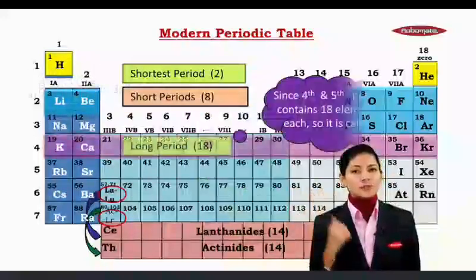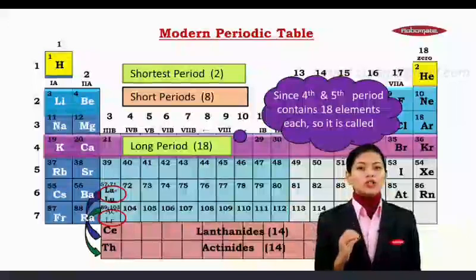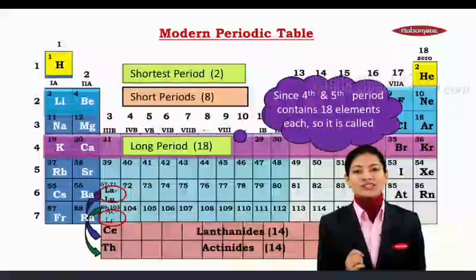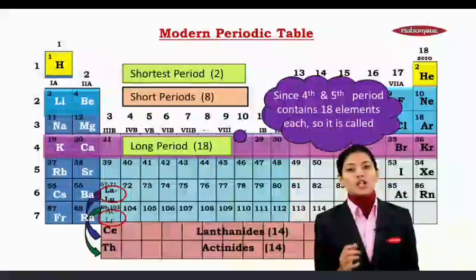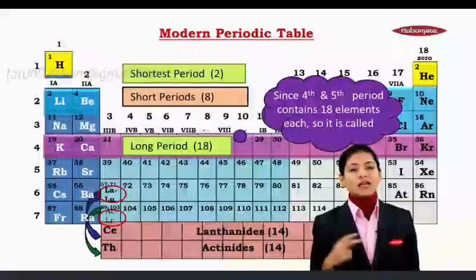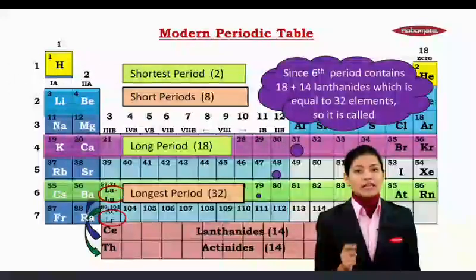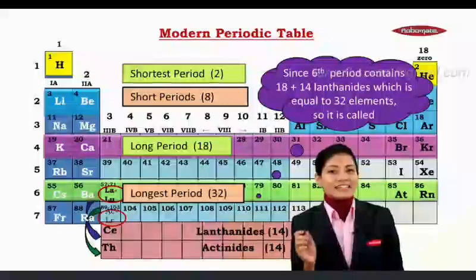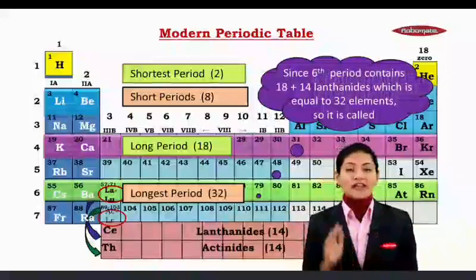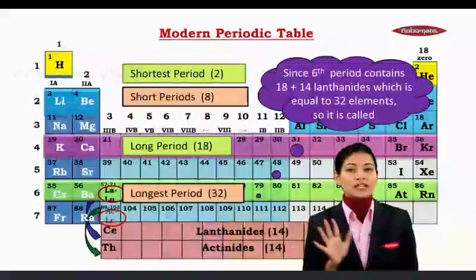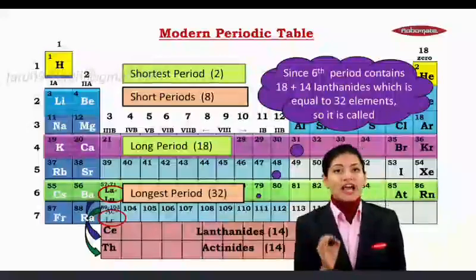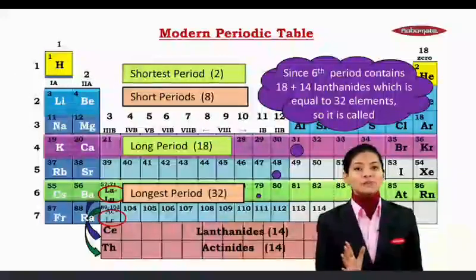The fourth and the fifth period, which include a total of 18 elements each, are both called long periods. Now the sixth period consists of 18 elements in the period itself and the next 14 elements which are placed at the bottom, all of which are to be included in the sixth period.